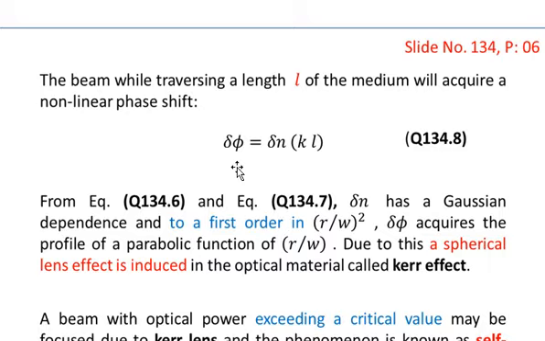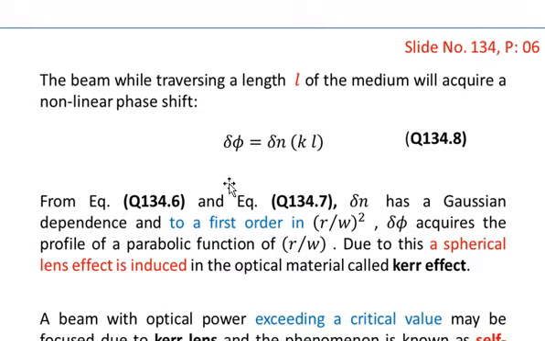And if you look at one of my previous slides on Fourier optics, where I discussed the convex lens, you can see that we write the phase factor of the lens as e to the power minus iota k over 2f into x square plus y square. So this has a very similar form to delta phi.